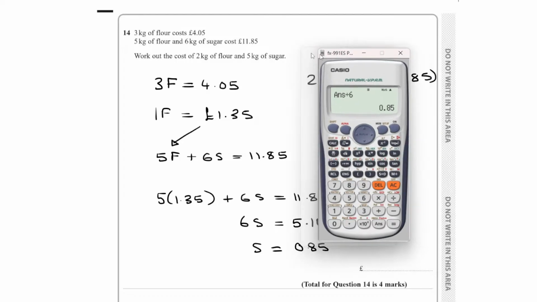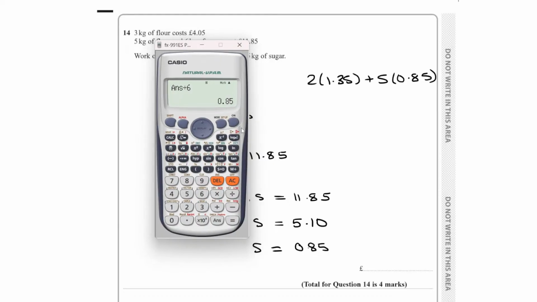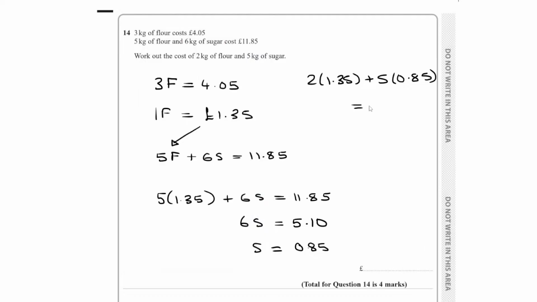So let's work that out. 2 times 1.35 plus 5 times 85p. £6.95. That would be my final answer. So just work out how much each of them cost for 1 kilo and then multiply it from there.